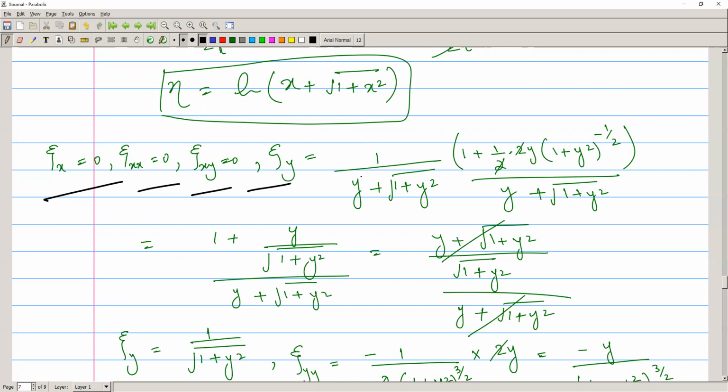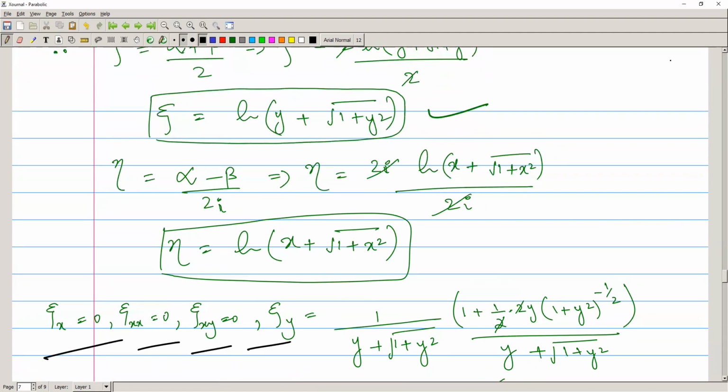And for psi y, I will differentiate this psi with respect to y, right? So for psi y, we need to differentiate psi with respect to y.